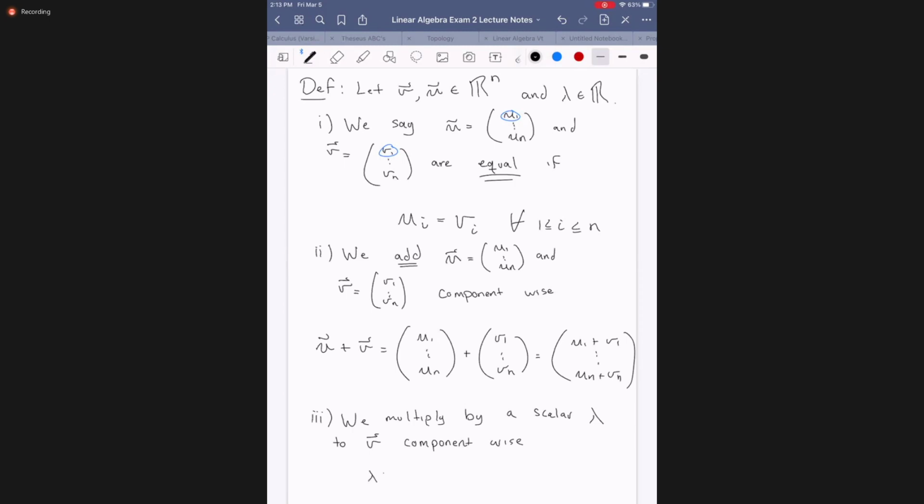So lambda V is going to equal lambda V1 all the way to lambda Vn. You just literally multiply each component.